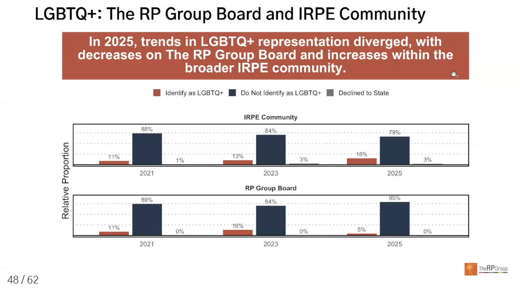So there's only so much you can take from it as far as the RP board because the numbers are so small. You are always going to see more flux in the representation with small numbers, of course. So it's good to see the field is becoming more diverse, though.